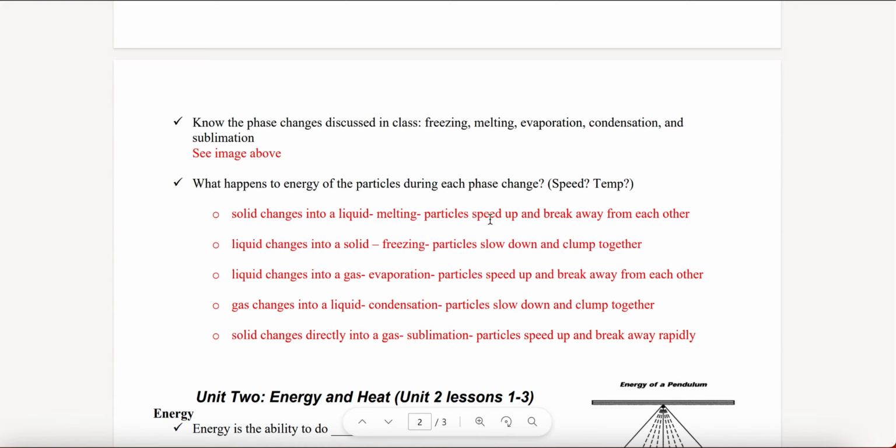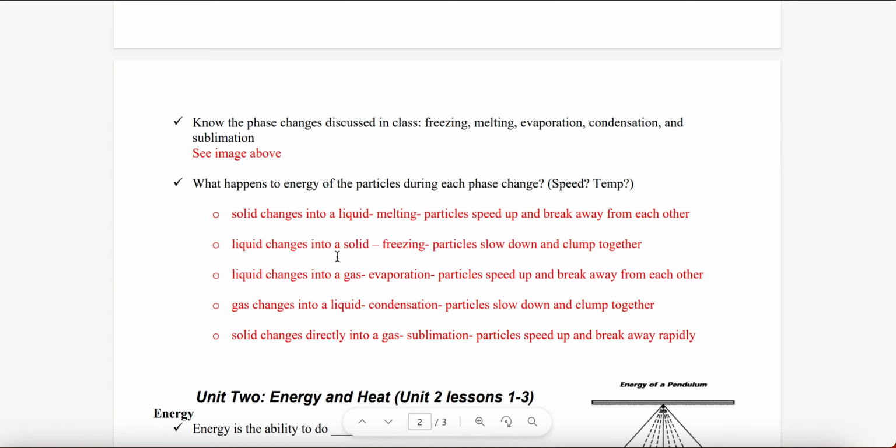Melting: particles speed up and break away from each other. So when solid changes into a liquid, it's basically speeding up, breaking away from each other.